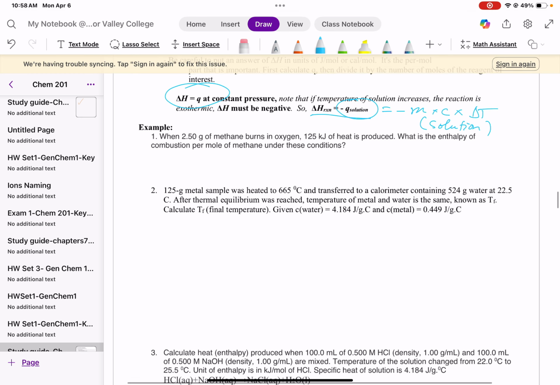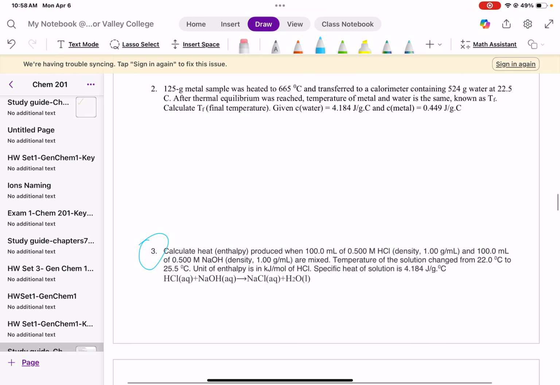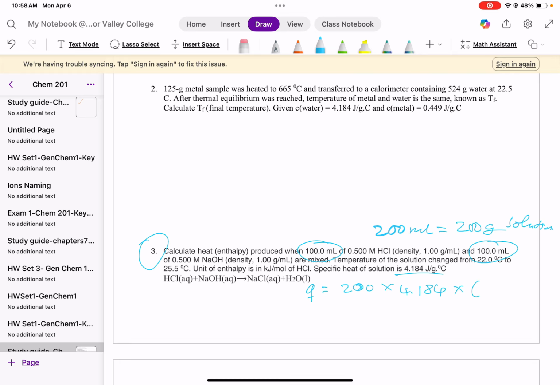I want to go over this example right here, number 3. We have a solution, 100 mL plus 100 mL, that's 200 mL, and that's 200 grams of solution. Now heat is mass of solution times C, 4.184, times delta T, which is 22 to 25.